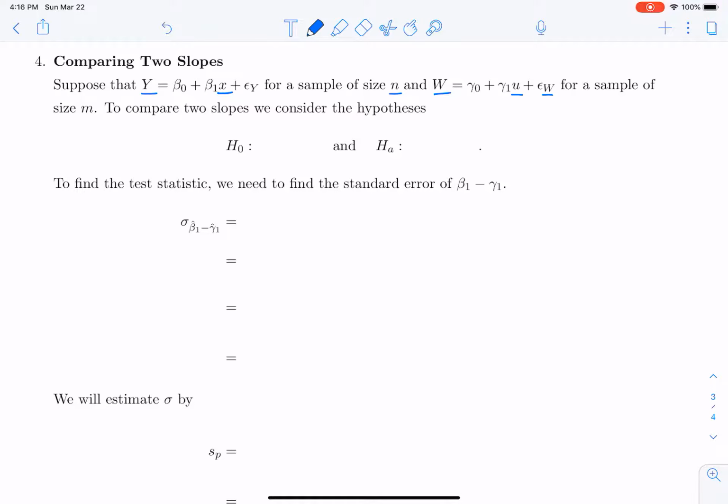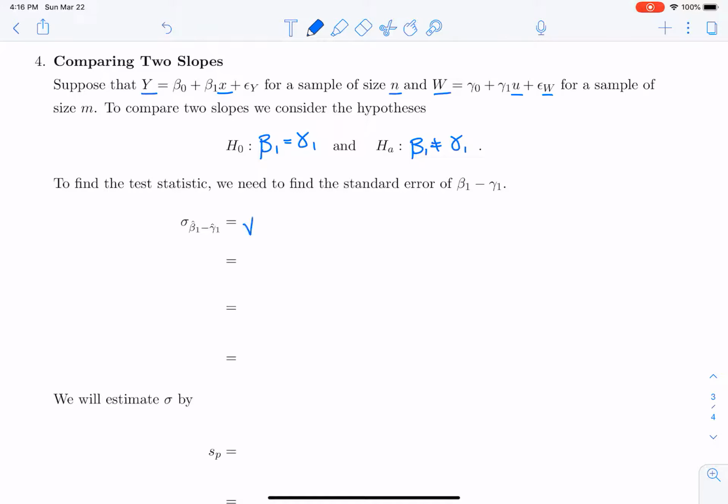We're going to ask ourselves, is beta 1 equal to gamma 1? Or the alternative, is beta 1 not equal to gamma 1? In order to do this, we're going to have to understand what is the standard error of beta 1 minus gamma 1.